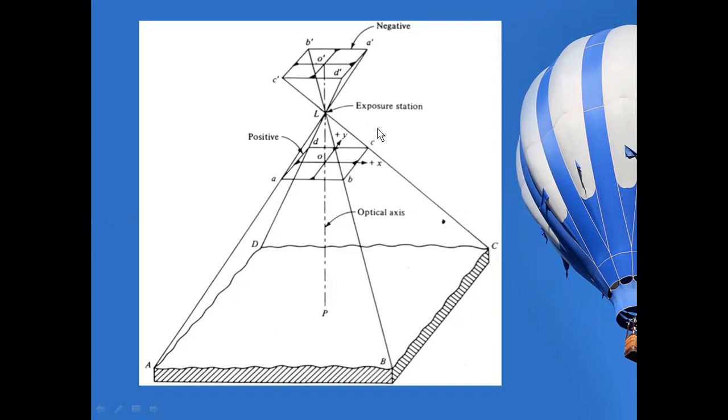For determination of the scale of a particular object, we use the distance between ab and the distance between capital A and capital B. This represents the scale of the imagery.